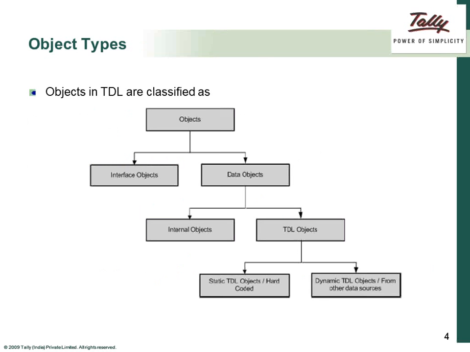TDL objects are further bifurcated into static or hard-coded objects and dynamic objects. In these sessions, we will be covering the internal objects and the static hard-coded objects. Dynamic objects wouldn't be covered as they require a little more technical knowledge for integration purposes. So we'll cover in detail the internal objects and the hard-coded objects.